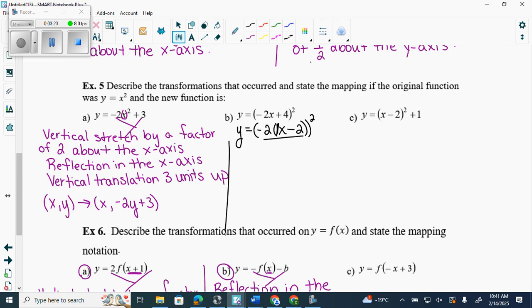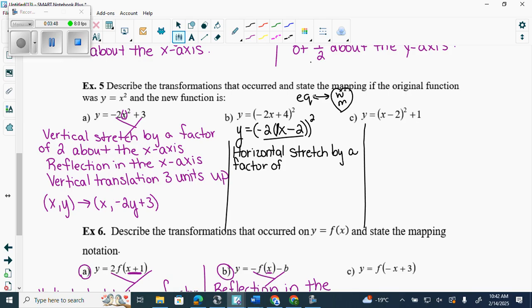Okay? So we have a horizontal stretch because it's still with the x. We have a horizontal stretch by a factor of, so I'm going from equation to words mapping, correct? When I cross over the arrow, it flips.